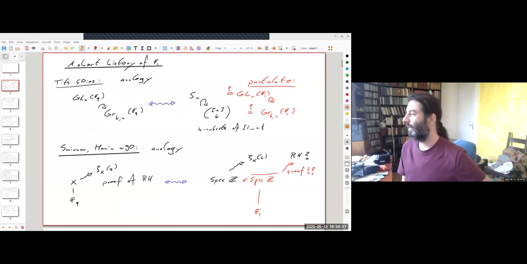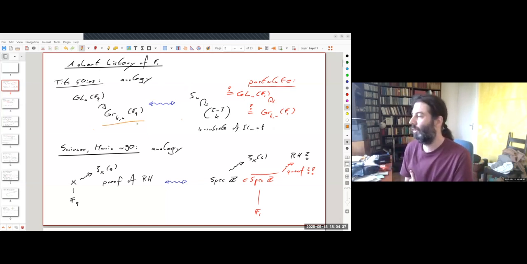This analogy between these two things is mainly in terms of counting polynomials. We can count points in the Grassmannians, and the number of points is a polynomial in q.